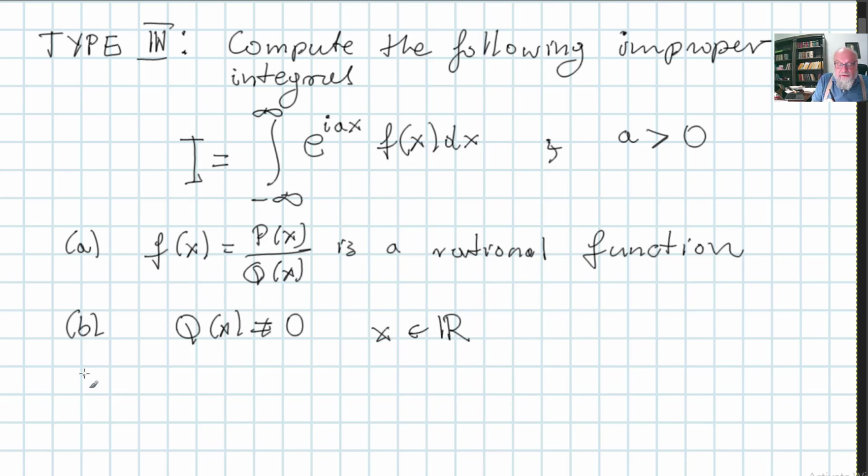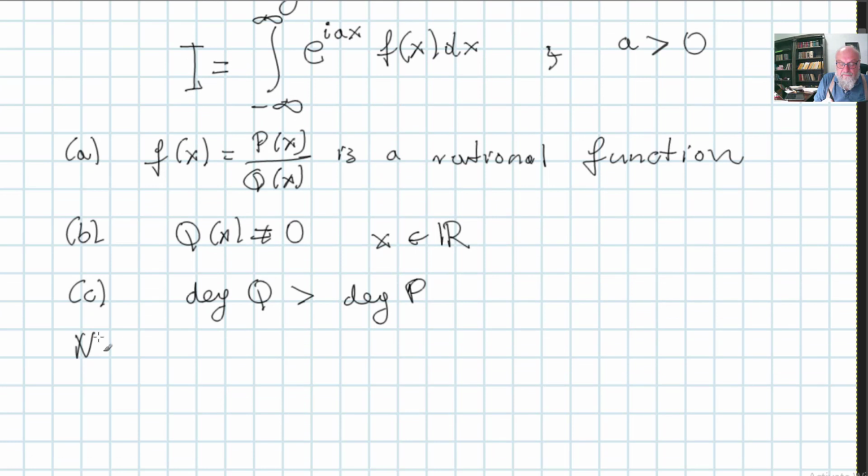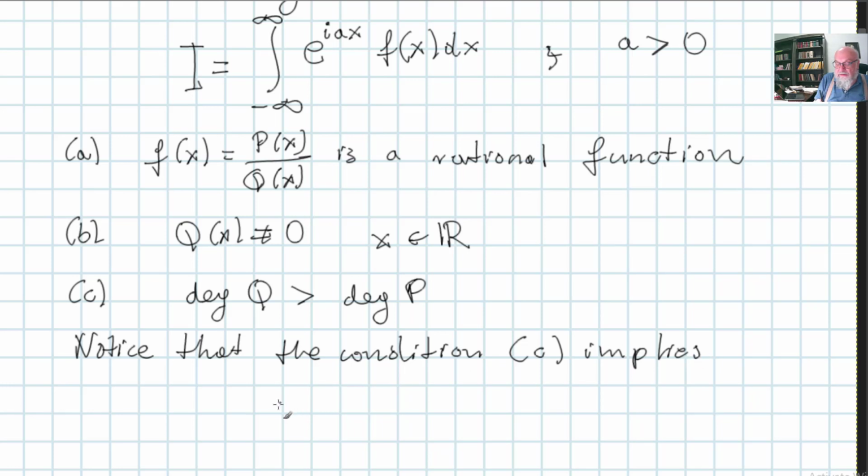And the third condition, C, is that the degree of the polynomial q is larger than the degree of p.